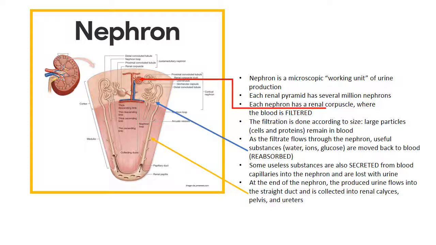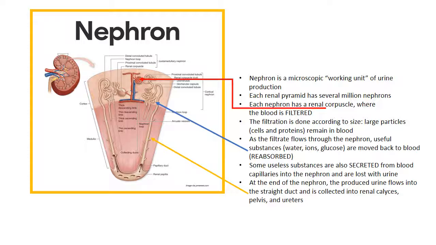So that's where the blood is filtered. In the glomerular corpuscle, the blood is filtered. The blood arrives into these capillaries, and under the pressure, it goes through the walls of the capillaries and is collected into the capsule, and then flows down the remaining parts of the nephron.